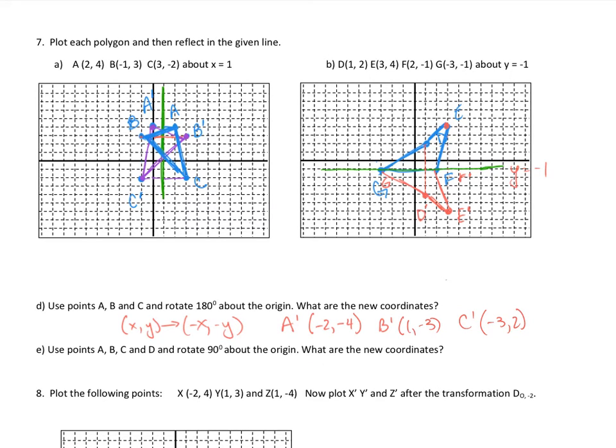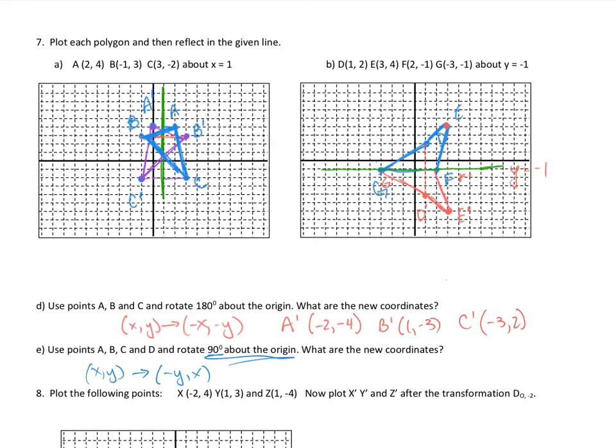For 90 degrees about the origin, we said if we had a point x, y, that ends up being negative y, x. That's our 90-degree rotation. So for points, oh, this should have said D, E, and F, but that's okay.